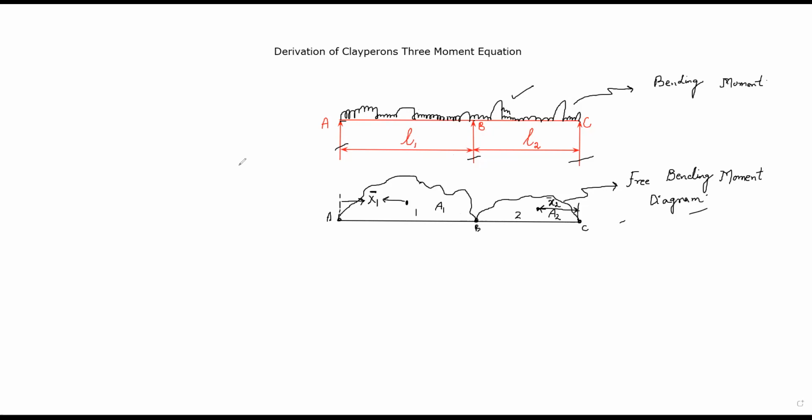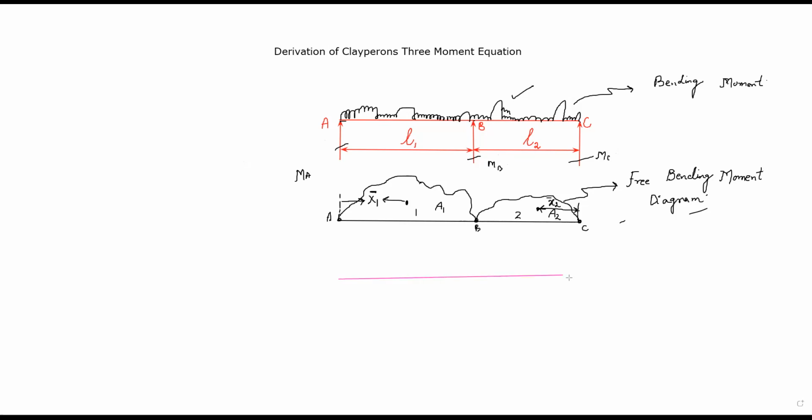If we say the value of the bending moment at A is MA, at B is MB, and at C is MC, then we draw one more diagram.